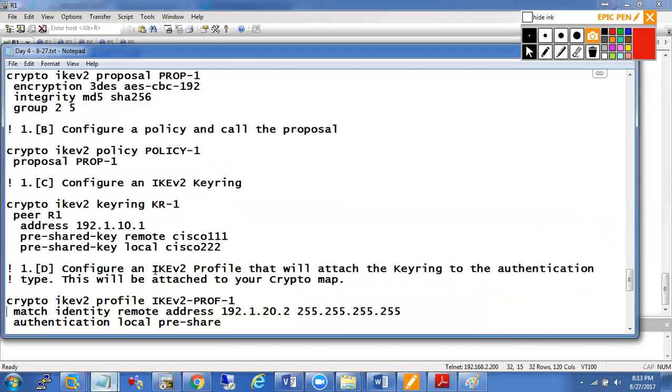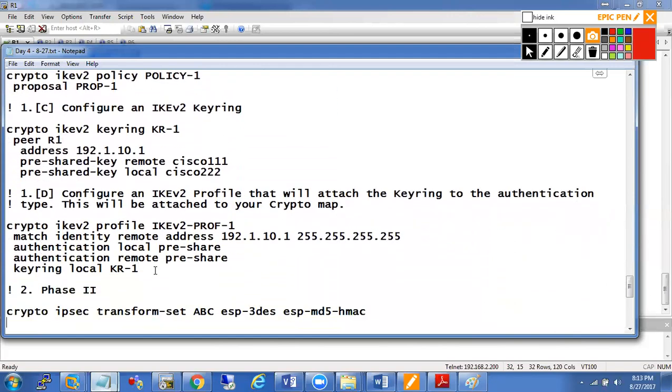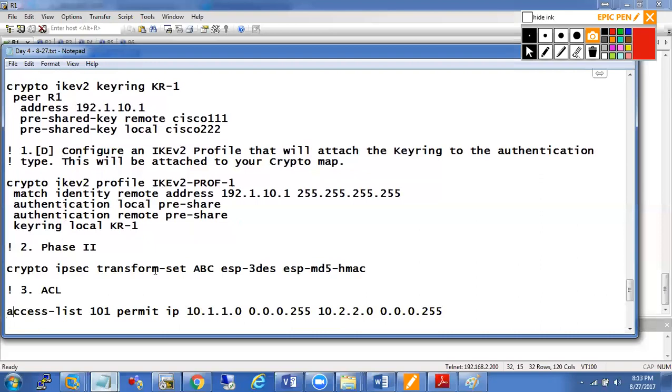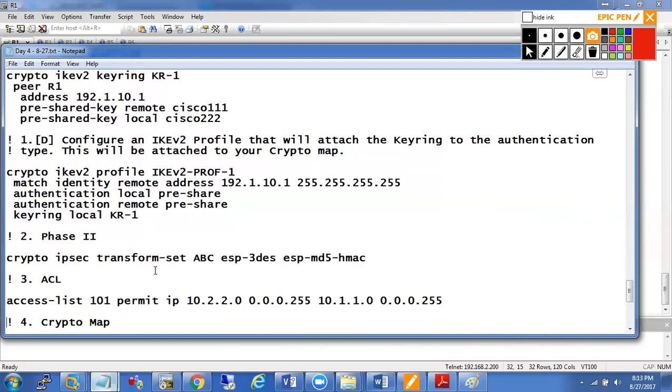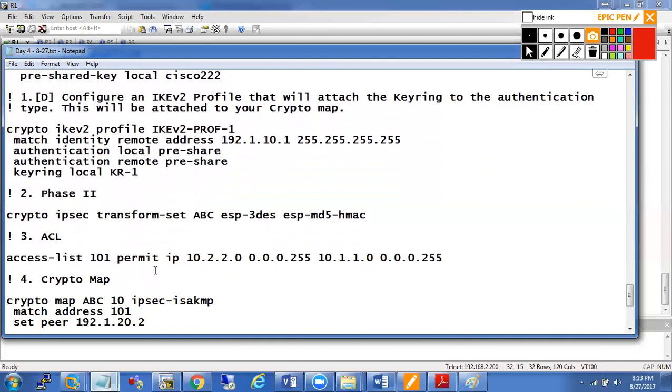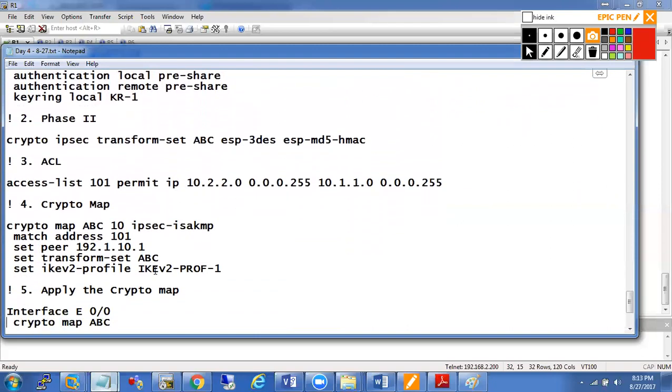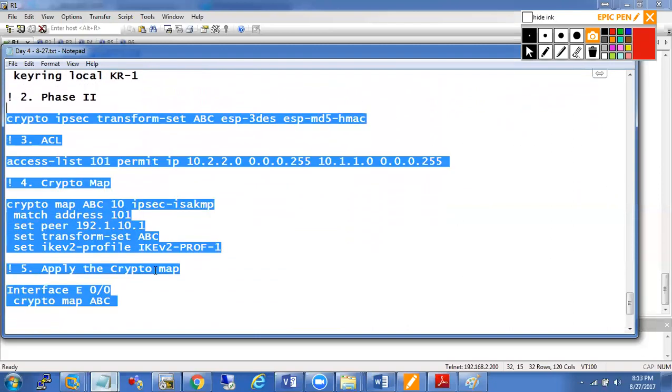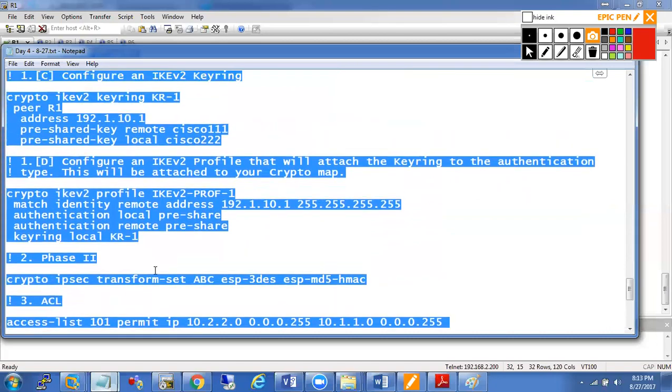For step 1D, you change the IP to 10.1, point it towards R1. This remains the same. The ACL will flip. Crypto map, I'll change the IP. This remains the same, applying is the same.